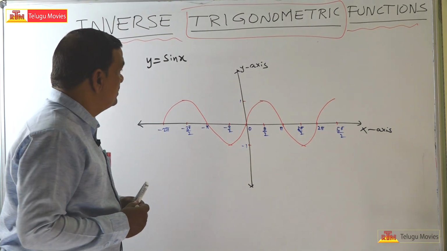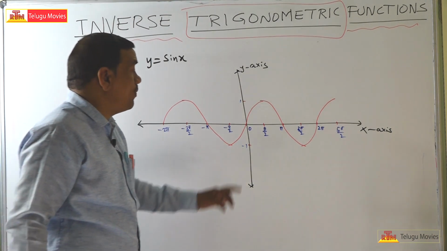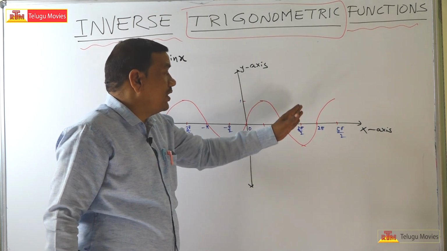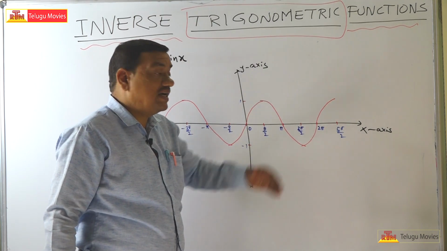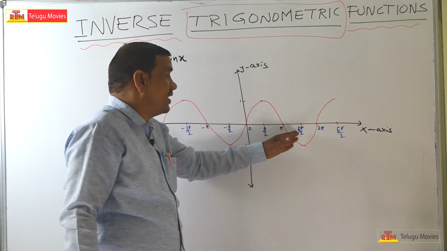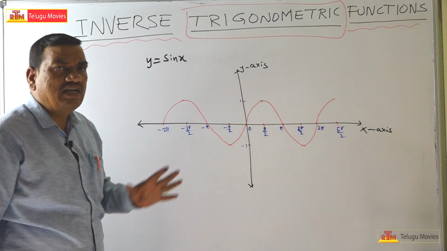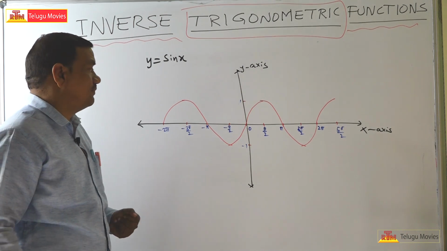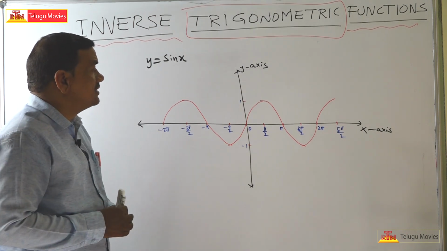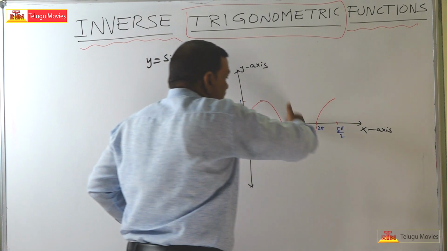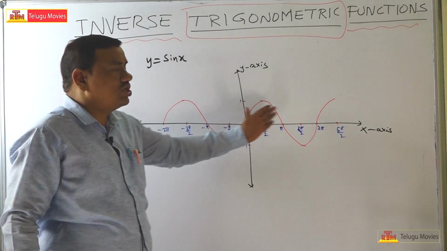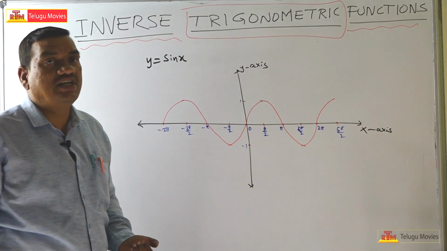The sine graph passes through the origin, takes maximum value at pi by 2, 5 pi by 2 and so on, and minimum value at 3 pi by 2 and so on. It is a sine curve I have drawn. We have learned it many times. On the whole it is not bijective. Why? Because if you take a horizontal line test.